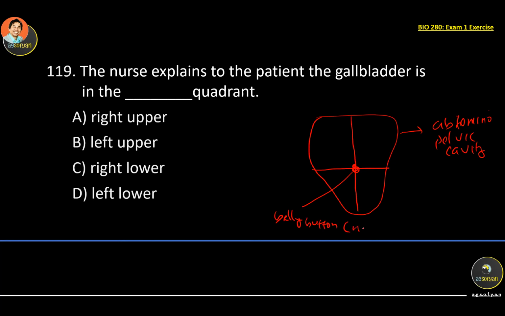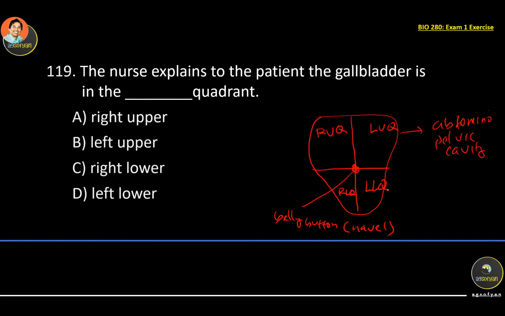The top right is called the right upper quadrant. This one is the left upper quadrant. The bottom right is the right lower quadrant. This one is the left lower quadrant.